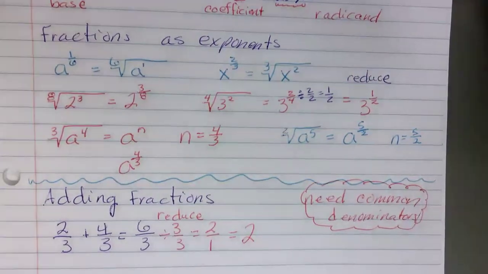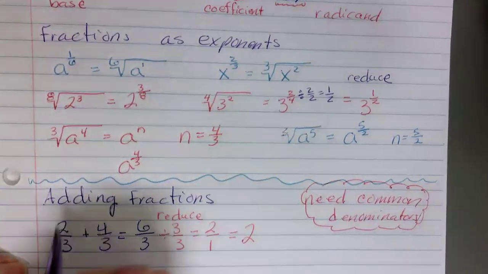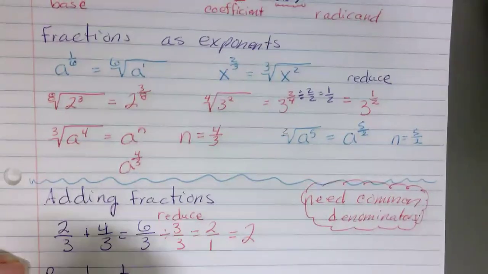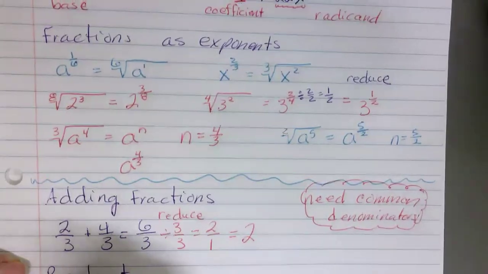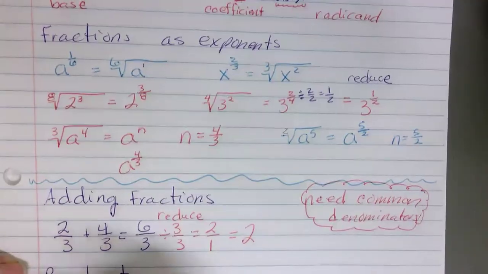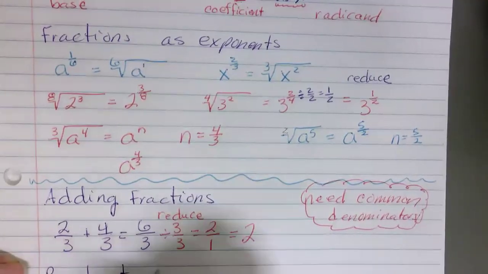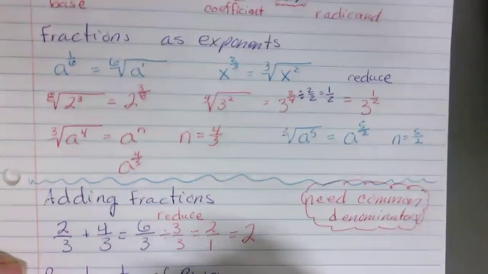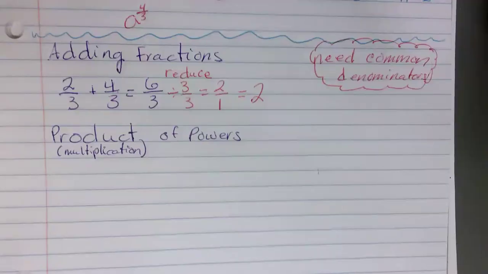So now the question is, when would you use this, right? Well, you would use this if we were doing the product, which means multiply, right? Multiplication. The product of powers or exponents, right? If it's raised to the power, right? It's a power of something.